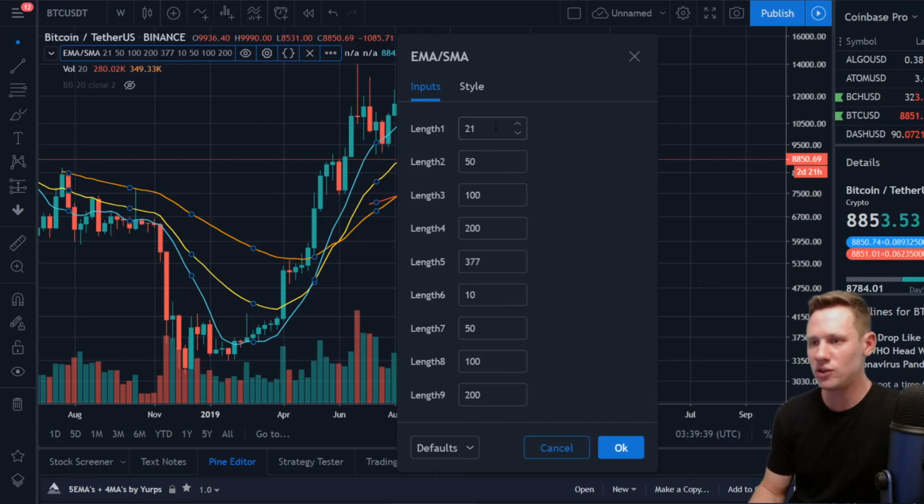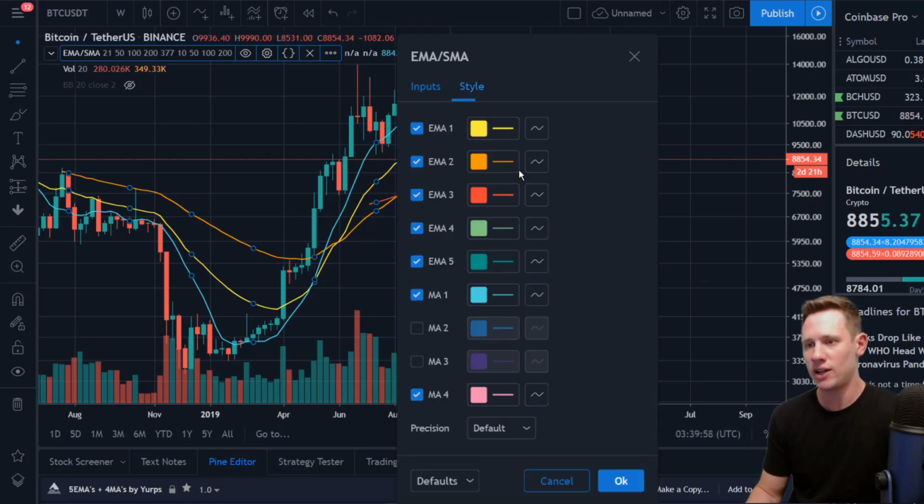So first of all, I have the 21 EMA, the 50 EMA, the 100 EMA, the 200 EMA, and the 377 EMA. Next, with your simple moving averages, you have the 10 simple, 50 simple, 100 simple, 200 simple. I mostly just keep these checked.